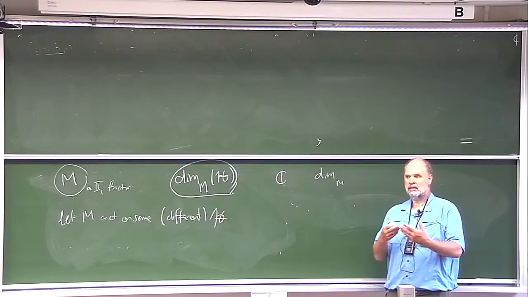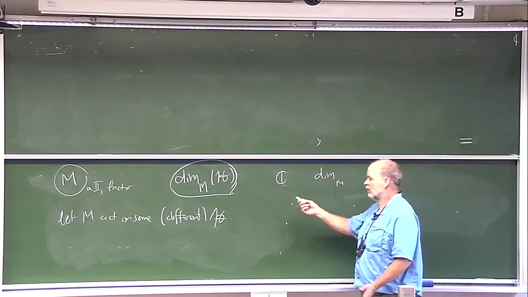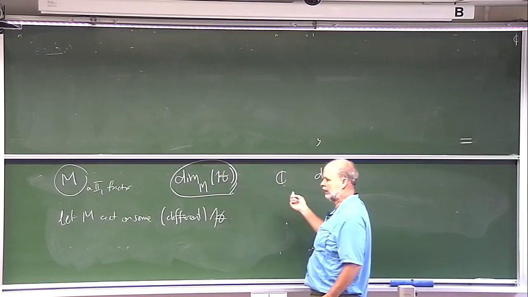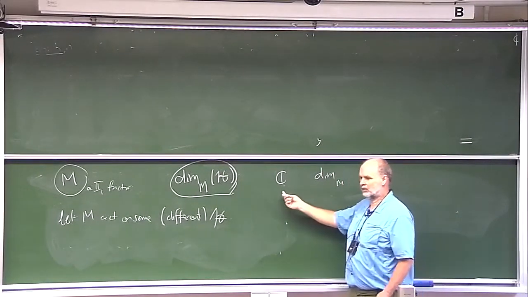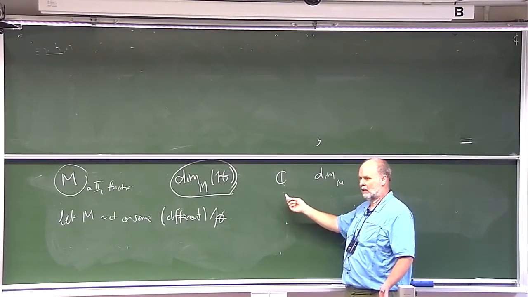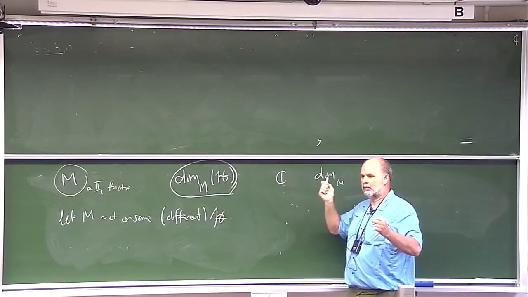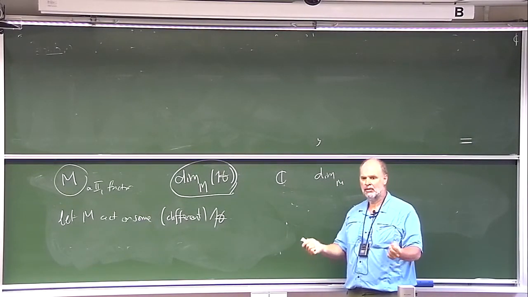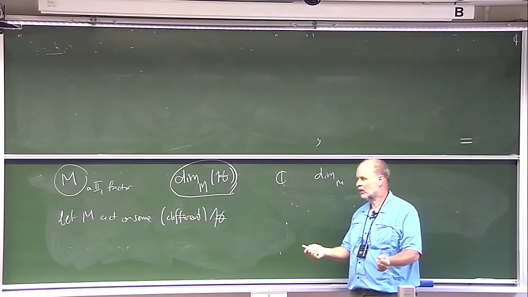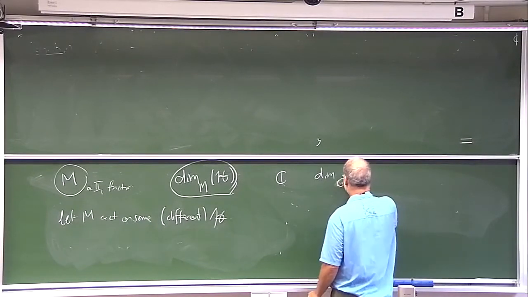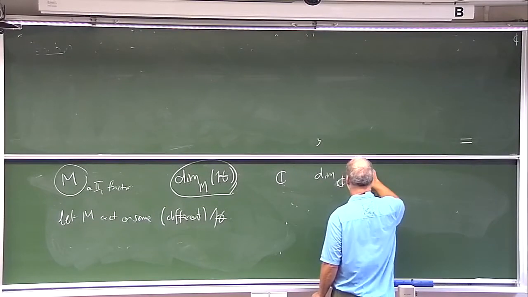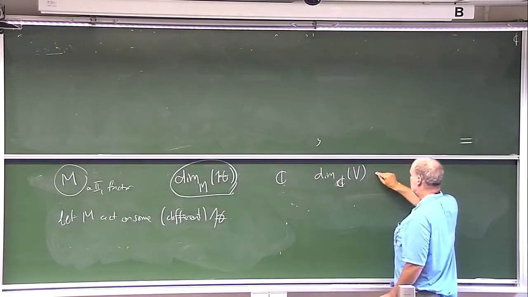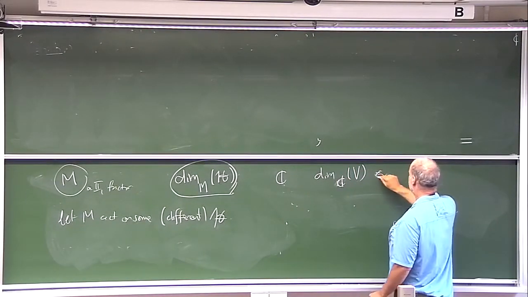You just say that it's the number of linearly independent copies of C, the complex numbers, that you see. That's the dimension. So you've done it by comparing your vector space to the one-dimensional vector space over the complex numbers.